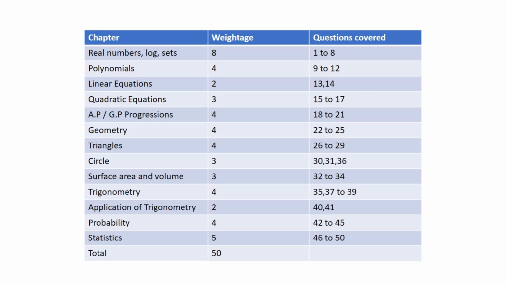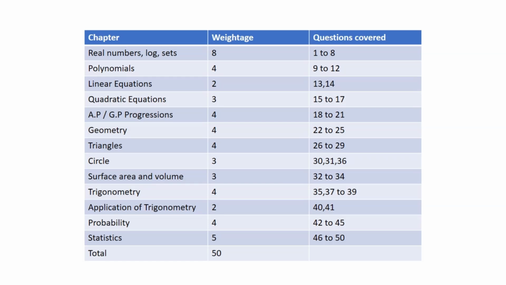By observing all these questions, the questions are coming from every chapter like this. The weightage is: real numbers, logs, sets 8 marks, polynomials 4 marks, linear equations 2 marks, quadratic equations 3 marks, progressions 4, each 2, AP 2, GP 2, geometry 4, triangles 4, circles 3, surface area and volume 3, trigonometry 4 and application of trigonometry 2, probability 4, statistics 5.